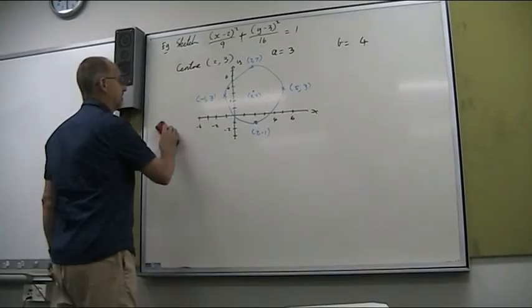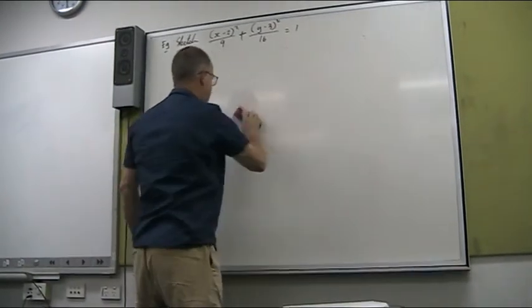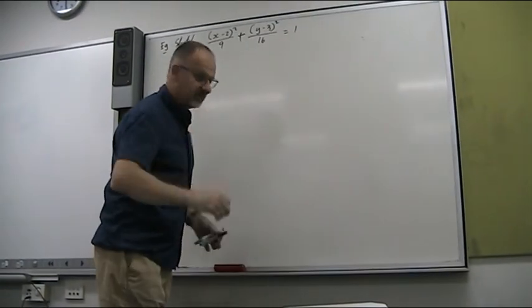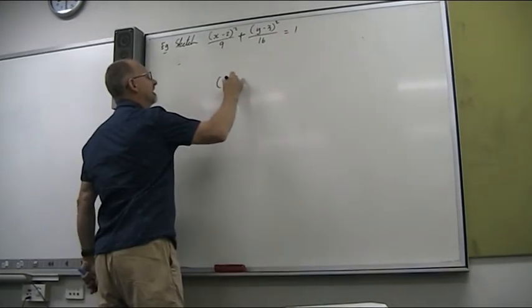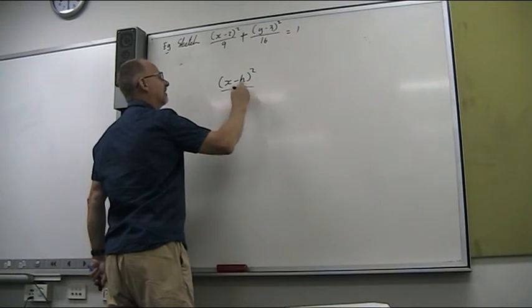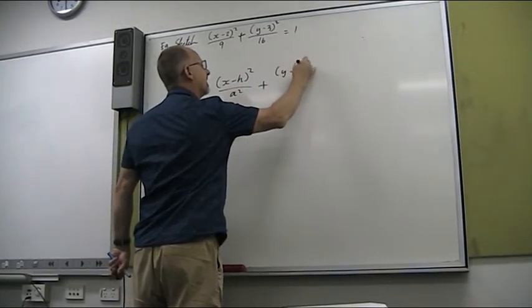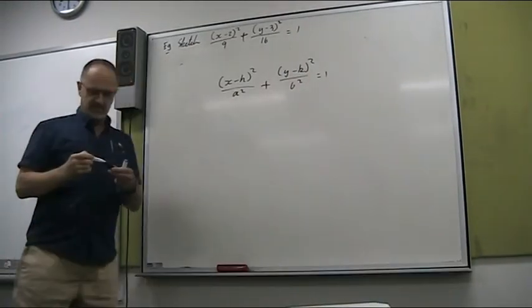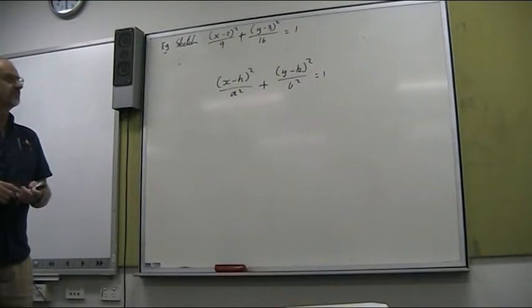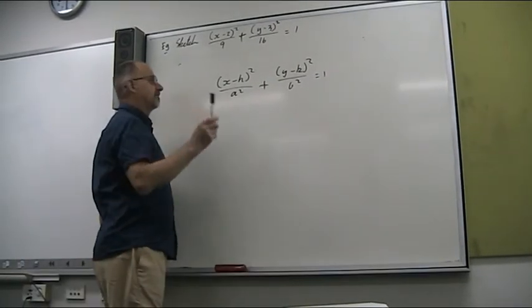Alright, so I better just write that, fix it up. YouTube people, all my 3 followers. It's x minus h squared over a squared plus y minus k squared over b squared, for our ellipse.